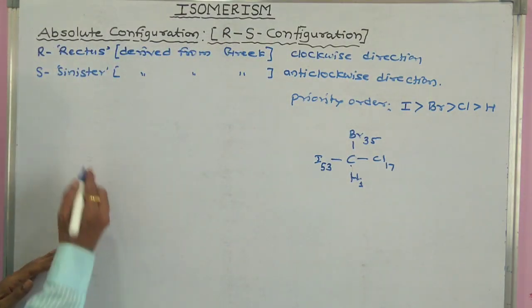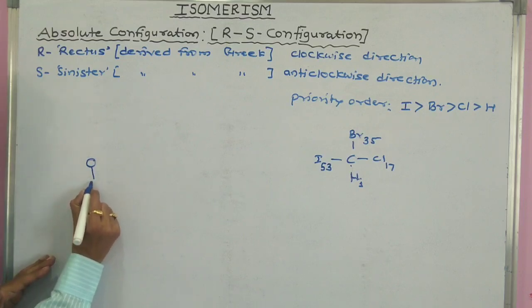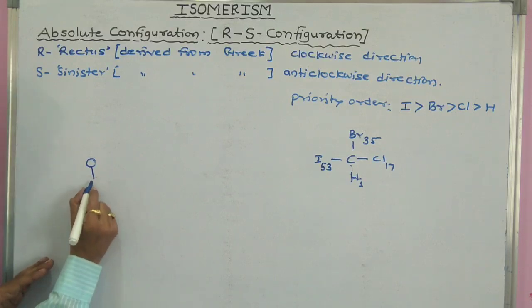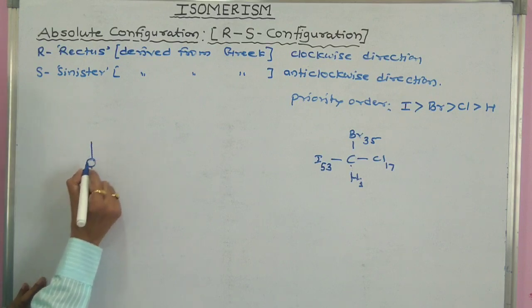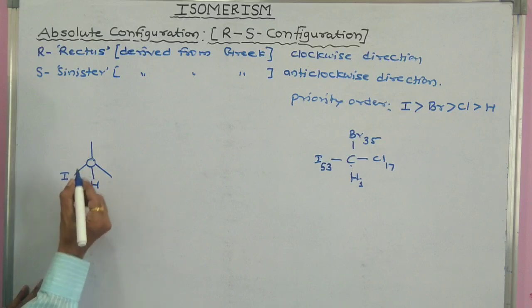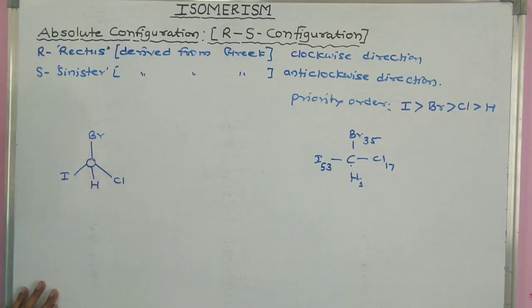This is the carbon and this is the low priority atom, then the remaining atoms are arranged around it.